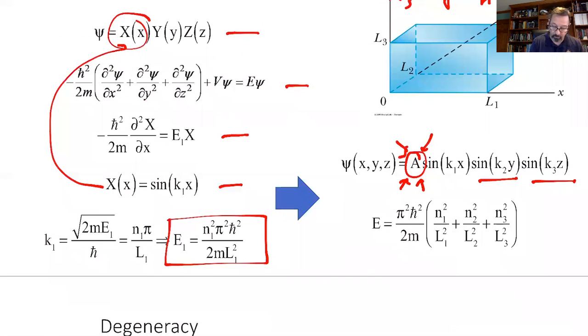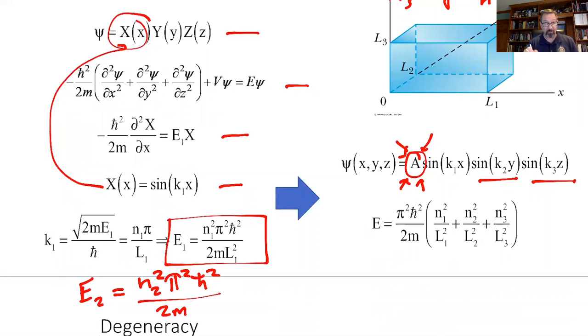And hopefully it wouldn't surprise you if I said, well, the energy associated with the y direction, which I'll call E2, would be a different index, N2 squared times pi squared times h bar squared over 2m, but not the length of the box in the x direction, but the length of the box in the y direction squared.